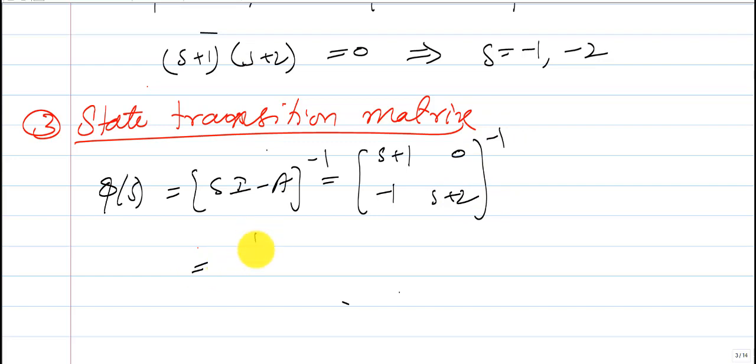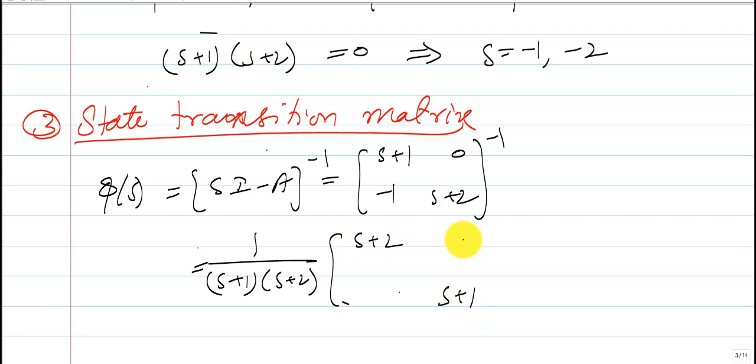So that inverse will be simply 1 over s plus 1 into s plus 2, and that is actually s plus 2, and this is s plus 1, and it will be 0 plus 1.